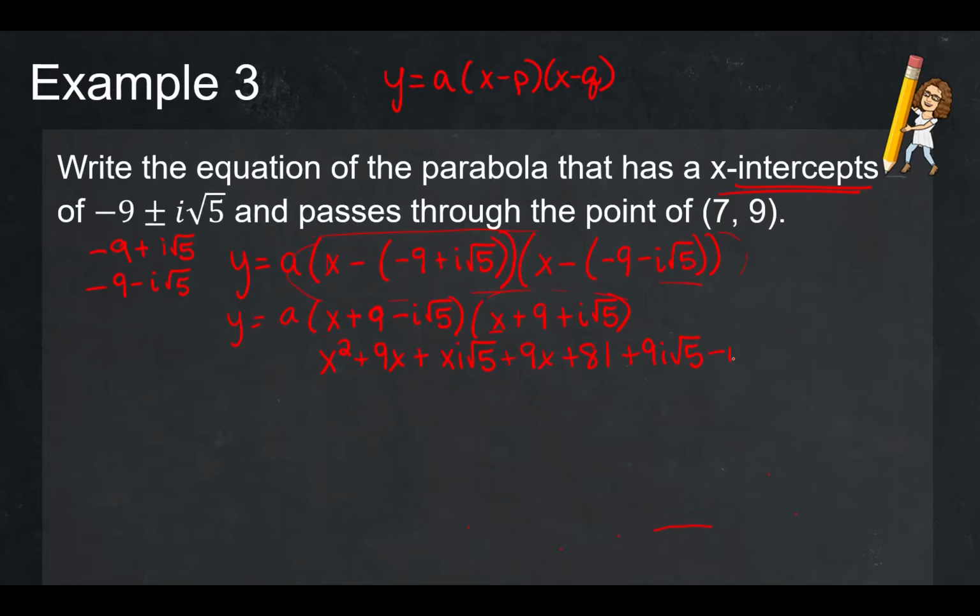So I get negative x i square root of 5, negative 9 i square root of 5, and negative i square root of 5 squared, because i square root of 5 times i square root of 5 would be i squared times square root of 5 squared, right? Okay.